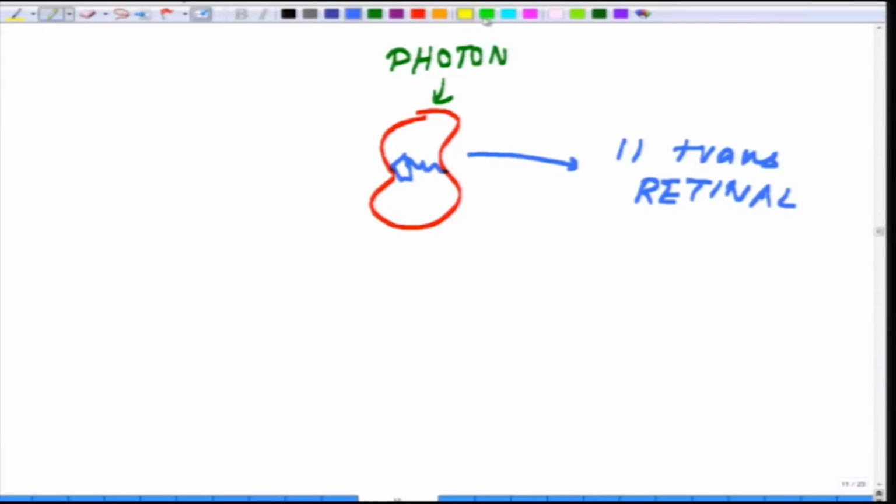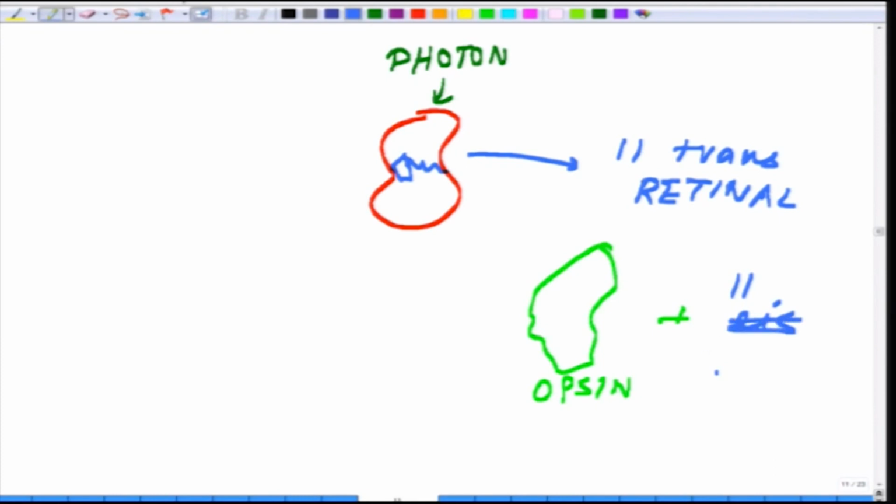So what you are left with is the opsin protein coming out, plus you have the 11-trans retinal.